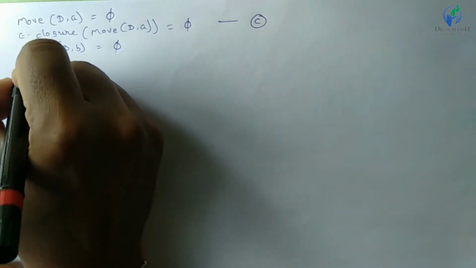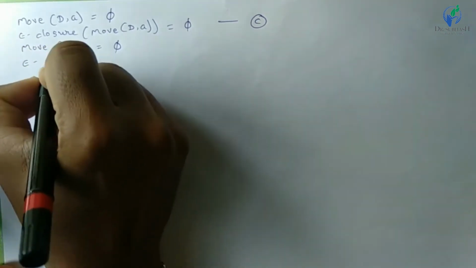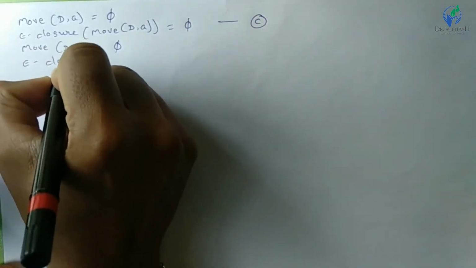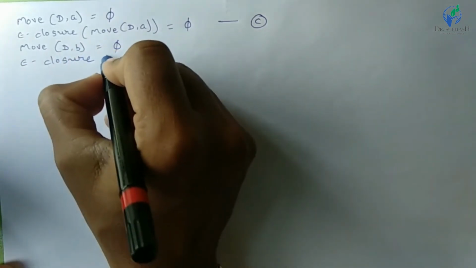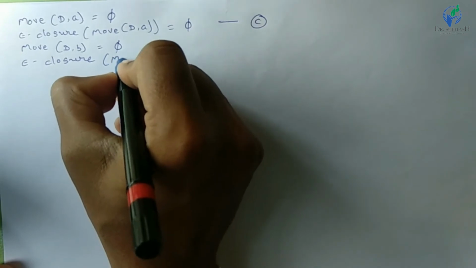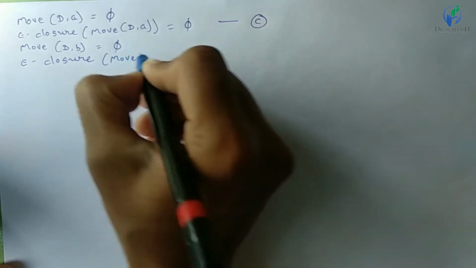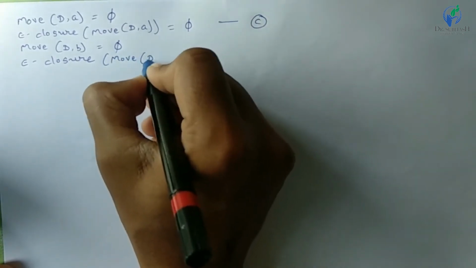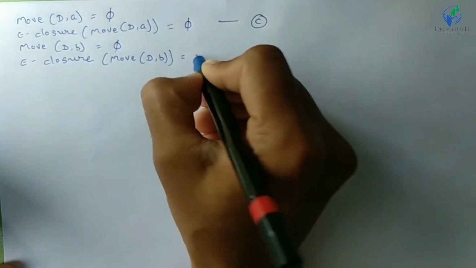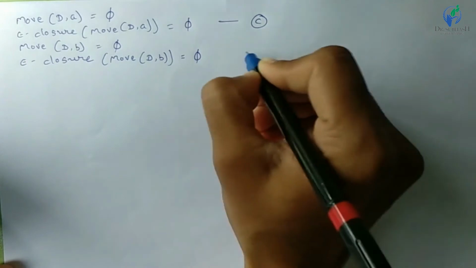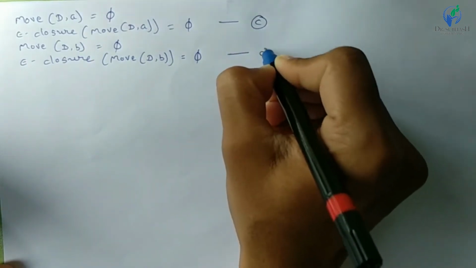Epsilon closure of move D to B is equal to 5, which is indicated by C.